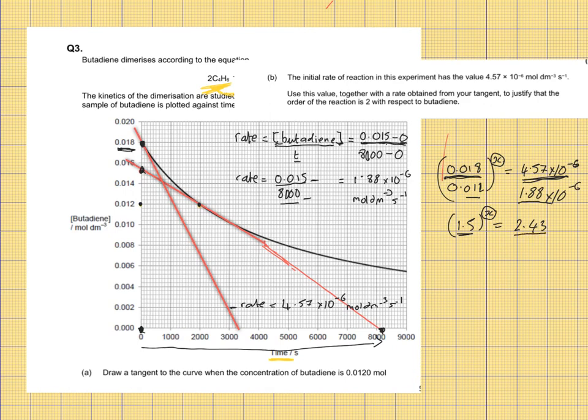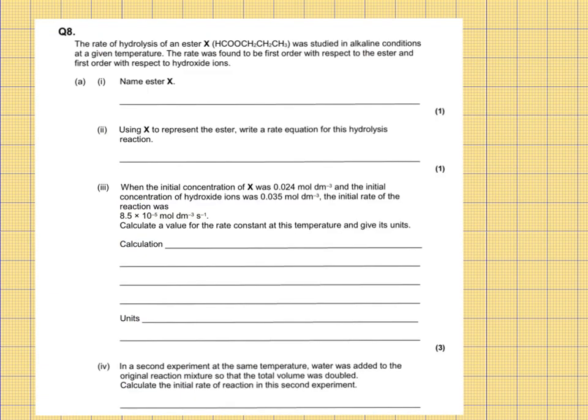And it just so happens that if you square 1.5, you get 2.43, and therefore x is equal to 2. It's second order with respect to the concentration of butadiene. This is the 8th question from your independent study booklet.